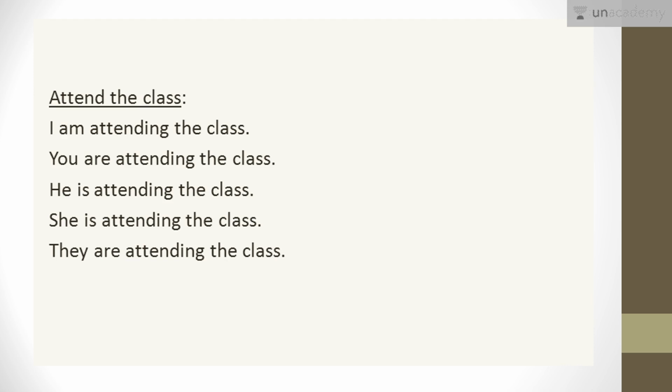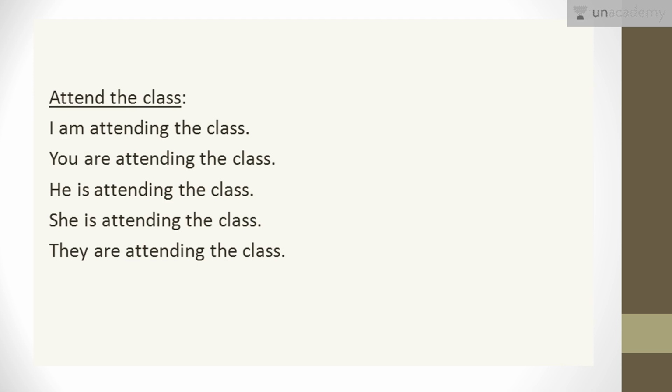So if I am attending the class, agar main class attend kar raha hu, how will I say? I am action plus ing, that is I am attending the class. Similarly, you are attending the class. He is attending the class. If the third person, that means I, Suyash, you, Rahul, and the third person, your friend or my friend, anybody जिसके बारे में मैं और आप बात कर रहे हैं, तो he is attending the class.